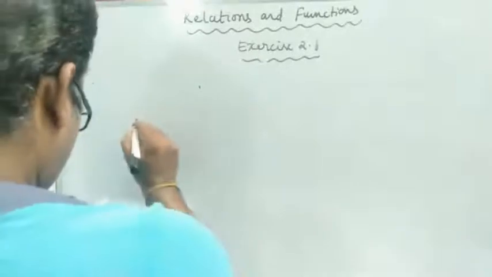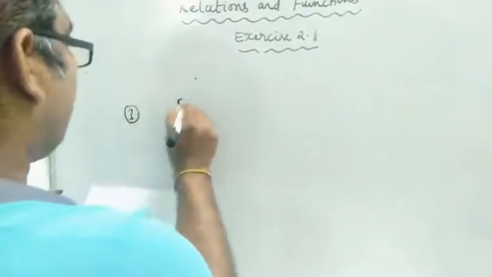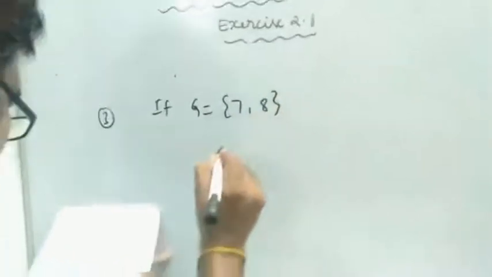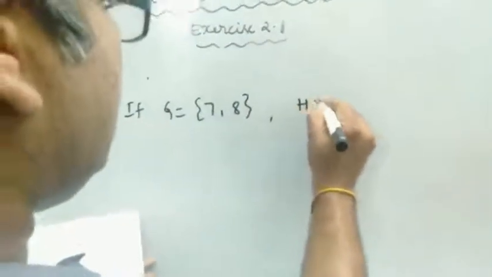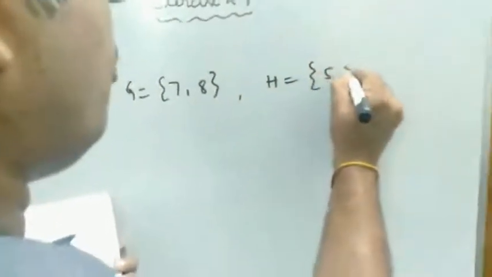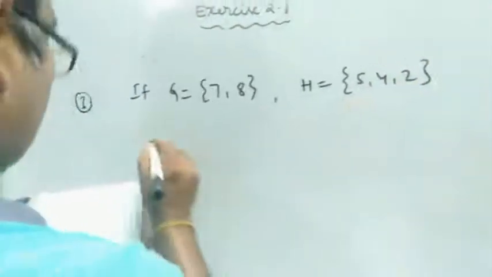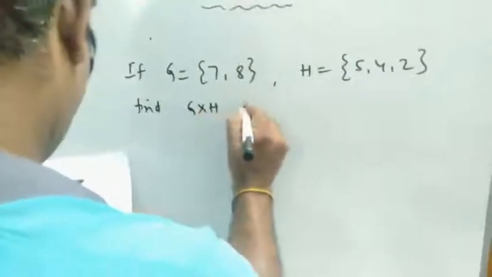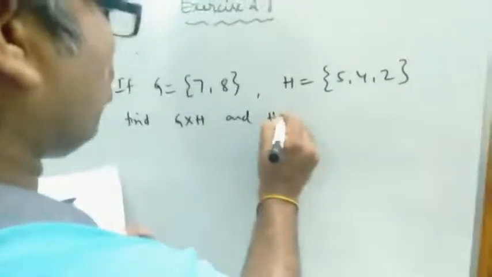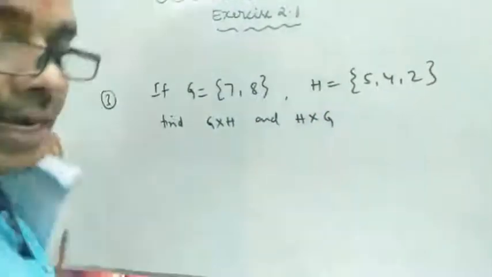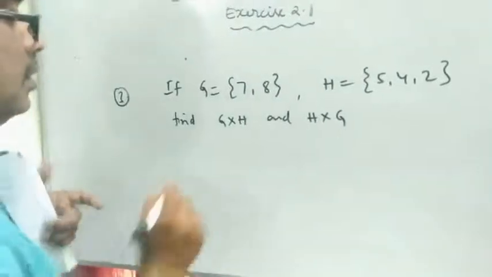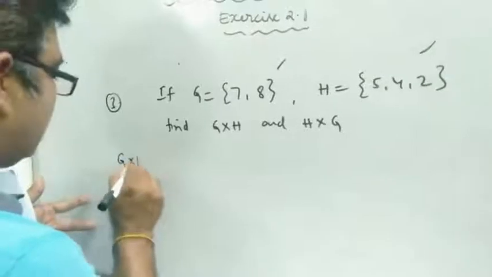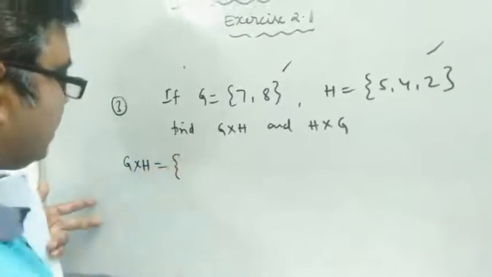Third problem. If G = {7, 8} and H = {5, 4, 2}, then find G cross H and H cross G. We have to find the Cartesian product. G cross H is a set of ordered pairs.